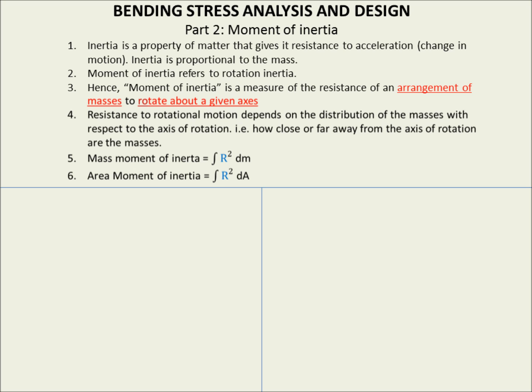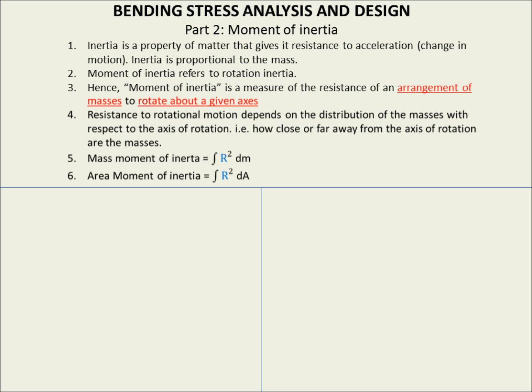So if we go back to item number 3, which tells us that mass moment of inertia is a measure of the resistance of an arrangement of masses to rotate about a given axis, the area moment of inertia is a measure of the resistance of an arrangement of area to rotate about a given axis. And it is the area moment of inertia that we are concerned with when we talk about bending and bending stresses.